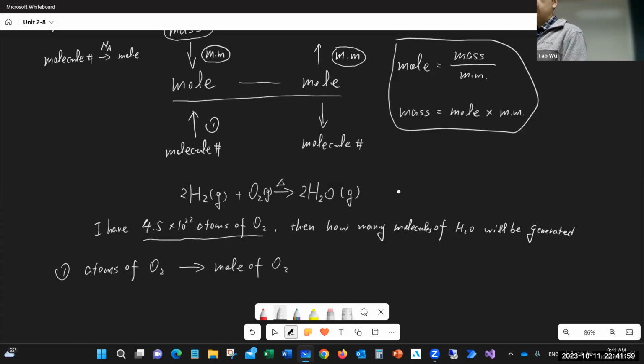This is the first step. Second step, you figure out based on the stoichiometry, using moles of oxygen to figure out moles of the water.